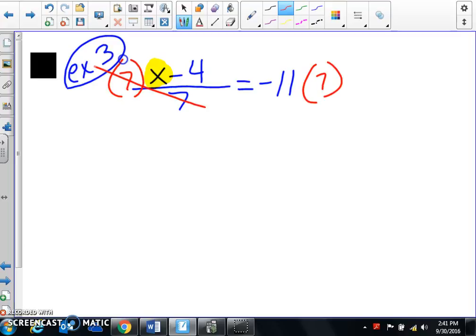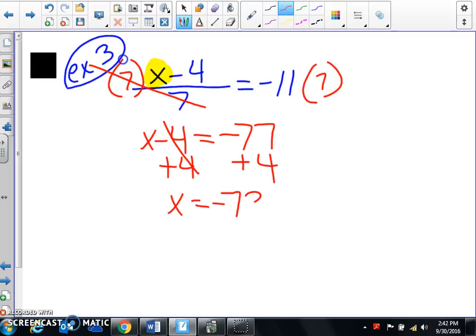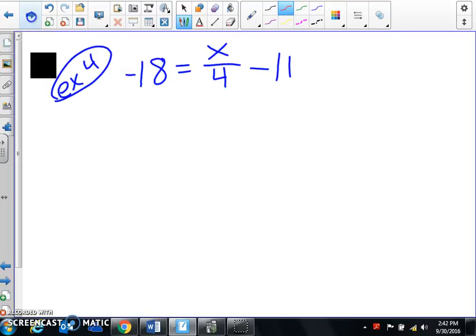So we would cancel the 7s out. The x minus 4 drops down. And a negative 11 times 7 is negative 77. And then I have x minus 4. The opposite of subtracting by 4 is adding by 4. X equals negative 73. Okay, and once again, you're going to check step all of these, but for time's sake, I'm not going to.